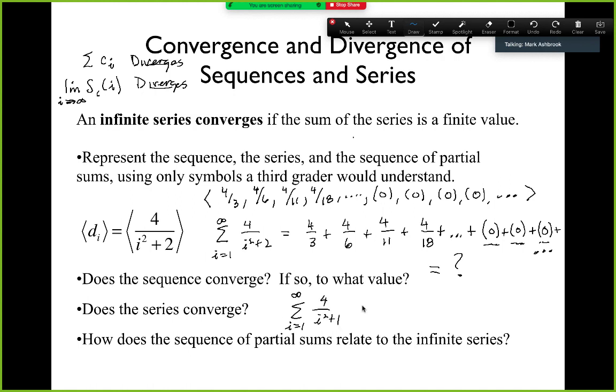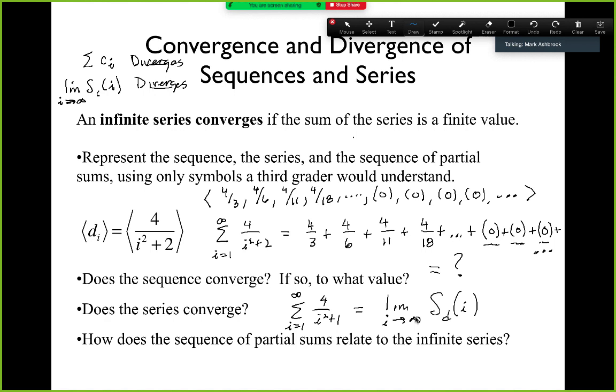Right, so as we said last time, the series equals the limit of the sequence of partial sums. I'll call that SDI, the sequence of partial sums for sequence D. Okay, so that's true. But what's that, right?